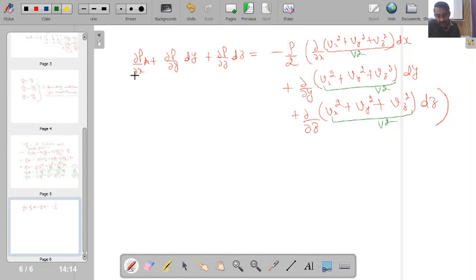So ultimately I can write the total derivative of pressure equal to minus rho by 2 into the total derivative of v square. And if I take d of v square, it becomes minus rho v into dv.